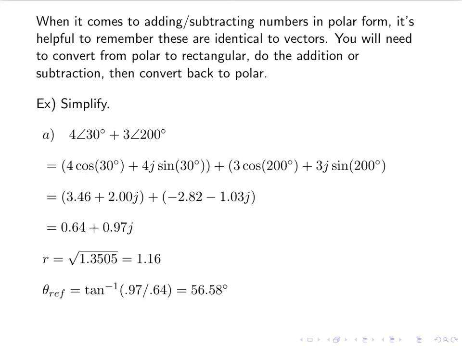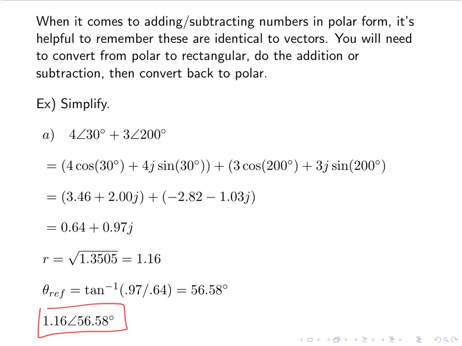Theta reference is 56.58 degrees. Now, A is positive, B is positive, so that means we're in quadrant 1, and that means my reference angle is my angle. And I can put my final answer back in polar form, so 1.16 with an angle of 56.58 degrees.